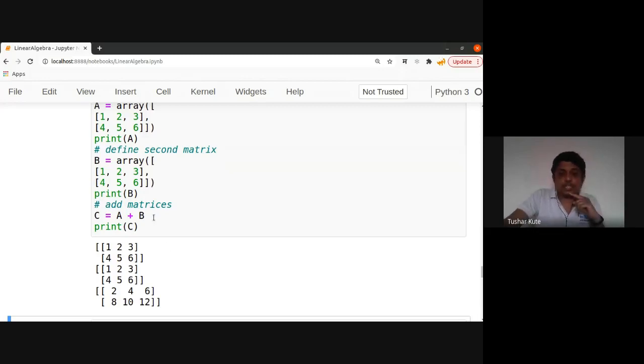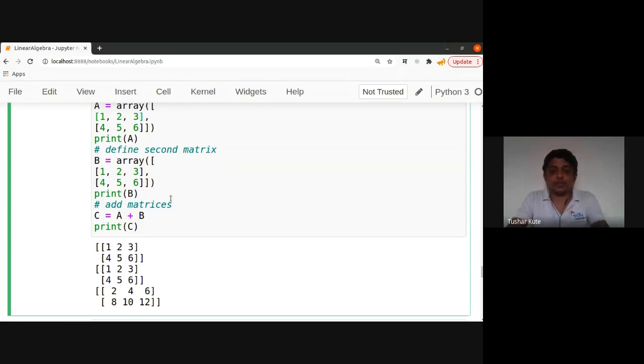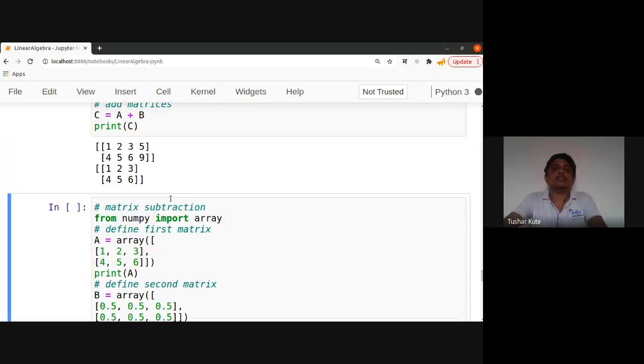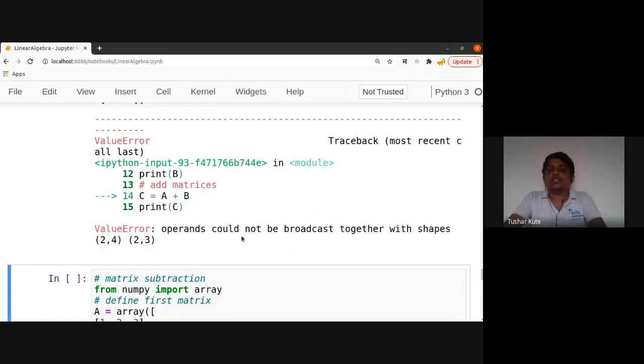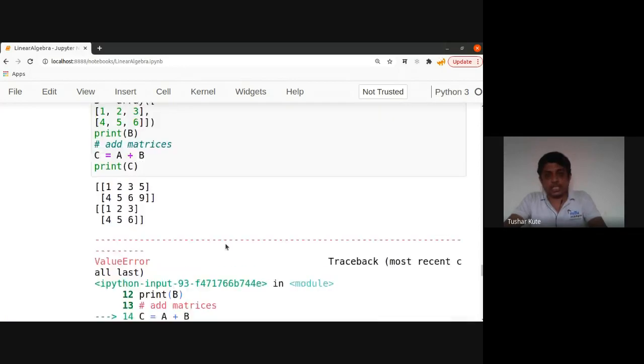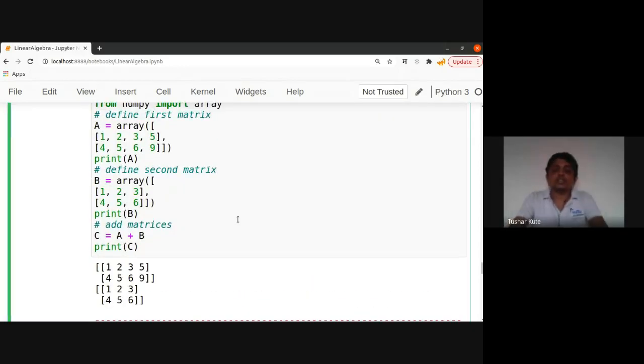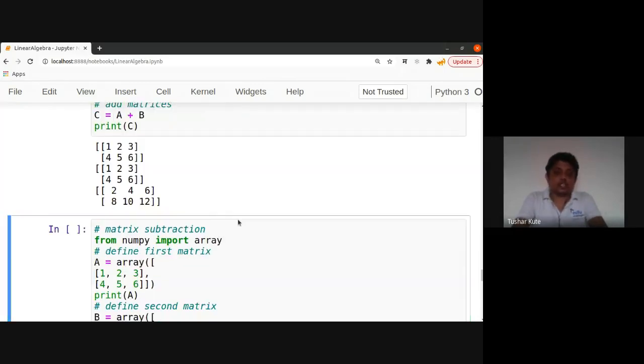If I change one of the matrices, for example 5 and here 9, check it out now. What happened? Operands could not be broadcast together with shapes 2 by 4 and 2 by 3. So the requirement is that the shapes of the matrices should be the same dimension: the number of rows and number of columns should be the same.